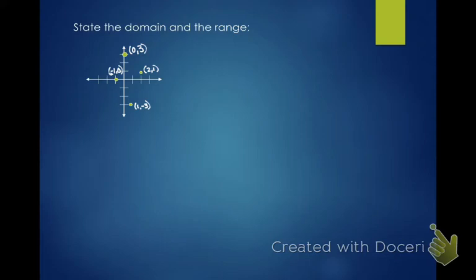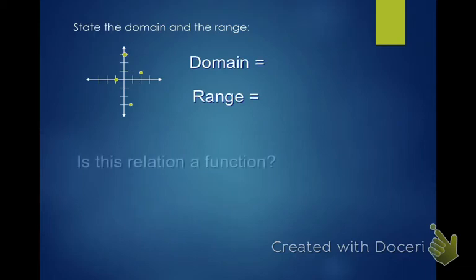Now, it doesn't include all the points in between those. It just includes those various points. So my domain is just going to be, I'm just going to write my little bracket here, -1, 0, 1, and 2.